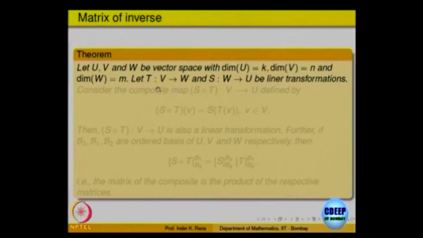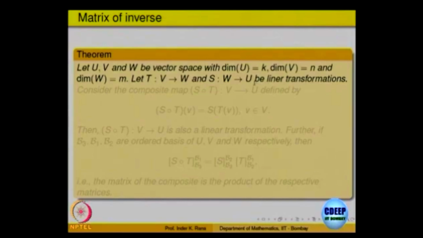So what I can do is take a vector v in V, by T it will go to a vector Tv in W, and under S that vector will go to S of Tv, which is in U. So that is a composition of the two linear transformations, like composing maps.